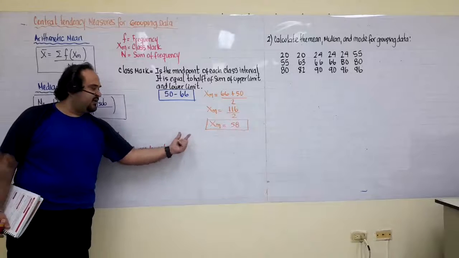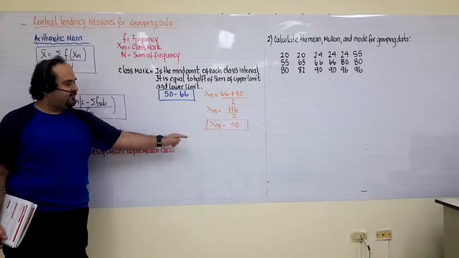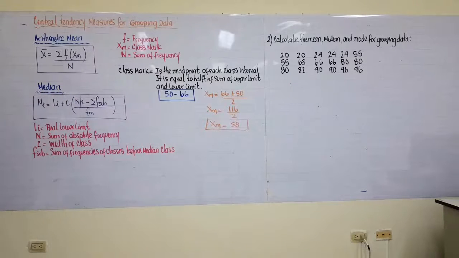If the median class is in the middle between them, the upper one, the upward frequency, that means the F sub. But that will be easier for you when you see the table. The formula sounds kind of weird, but when we calculate this table frequency, you're going to identify this; it will be easier.